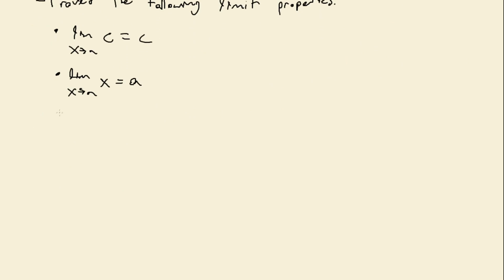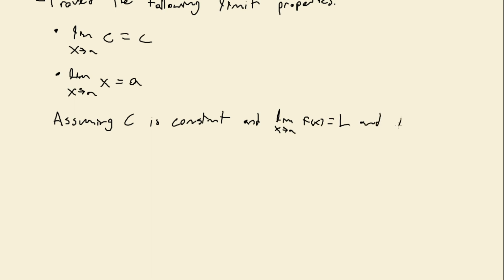And then we proved, assuming c is a constant and the limit as x approaches a of f of x is equal to L, and the limit as x approaches a of g of x is equal to k, that the limit as x approaches a of c times f of x is equal to cL.